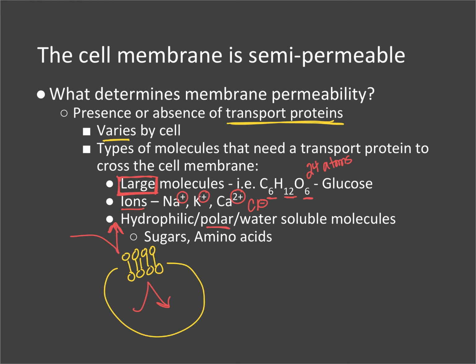And so once again, things that go hand in hand with polar are things that are hydrophilic, polar, and water soluble. And so sugars, which includes glucose, and things like our amino acids, they need some help. And that's where the transport proteins come into play.